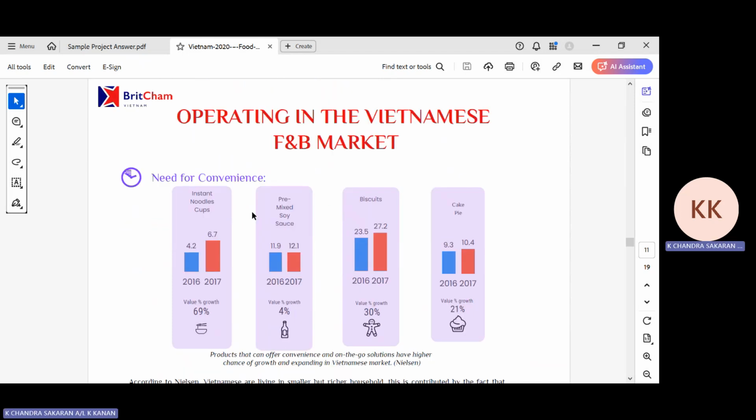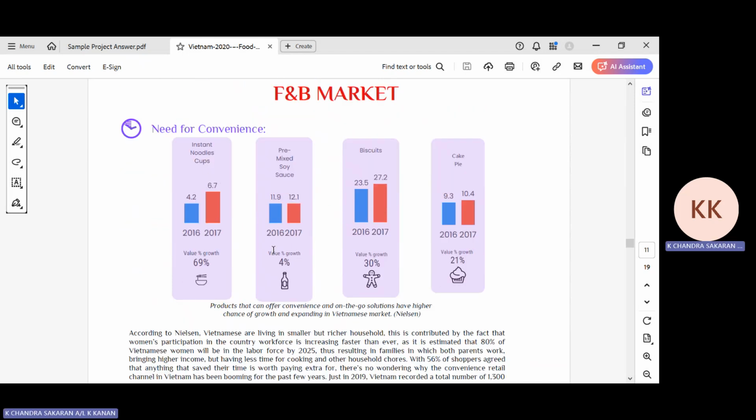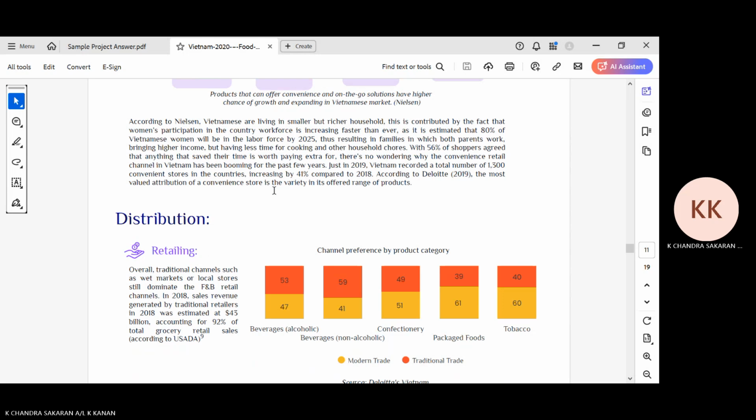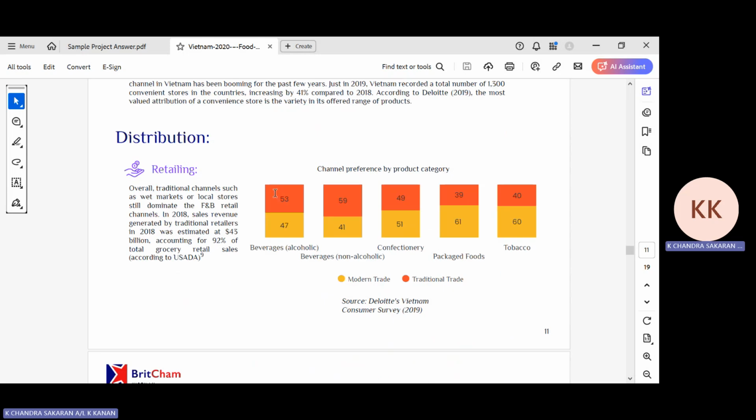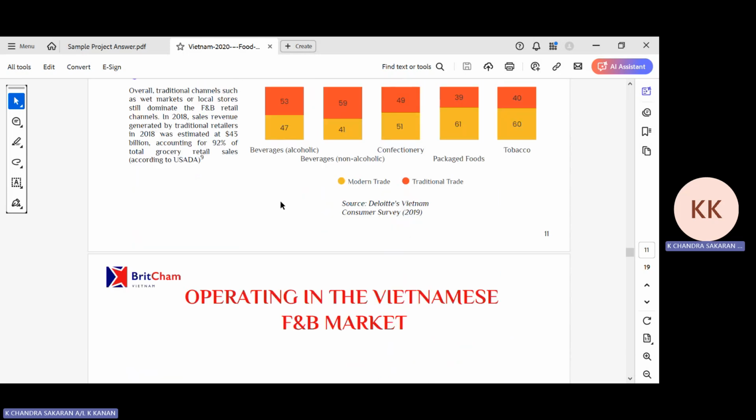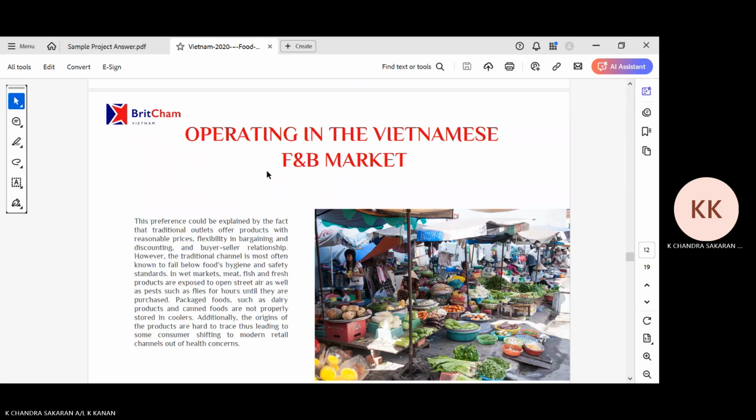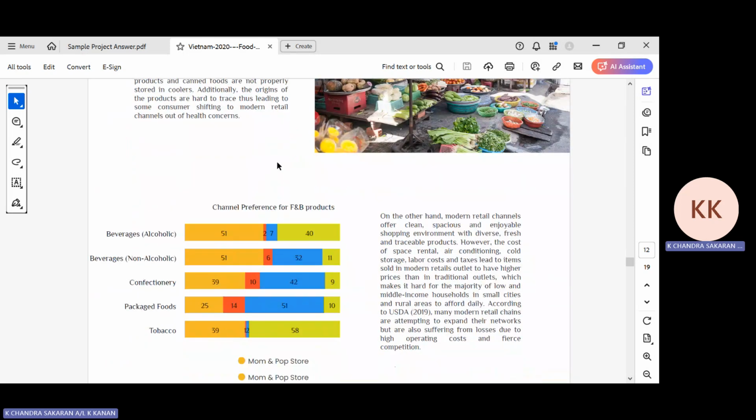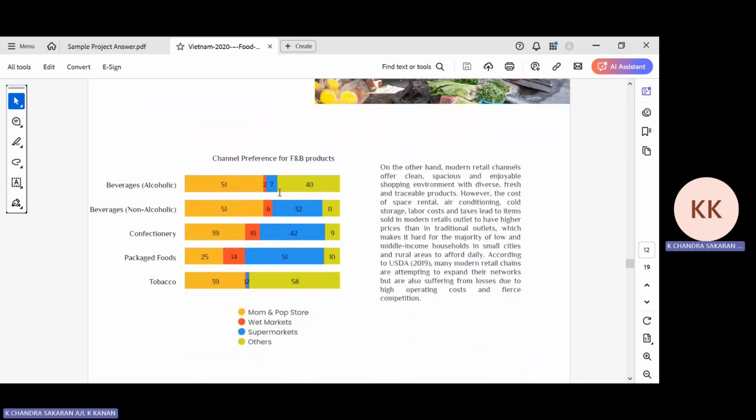Operating in Vietnam's market, the cost of doing business here. Distribution. Who are the distributors? How do they distribute? These are only on beverages. Channel preference for F&B. Okay, these are the channels: wet market, supermarket, mom and pop stores.